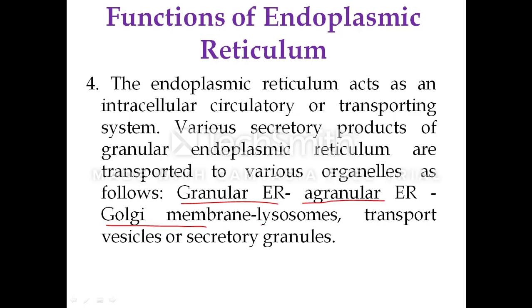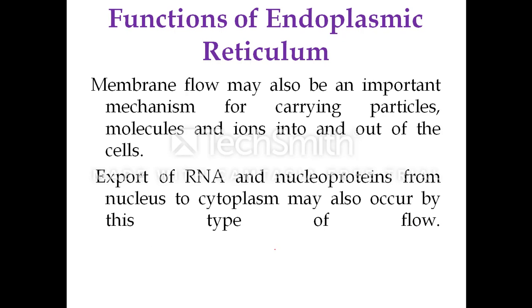There it will be packed to form the endosomes or the lysosome, and then it will transport the vesicles or secretory granules to the site of action. Membrane flow may also be an important mechanism for carrying particles or molecules and ions into and out of the cells. Export of RNA and nucleoproteins from nucleus to the cytoplasm may occur by this type of flow.